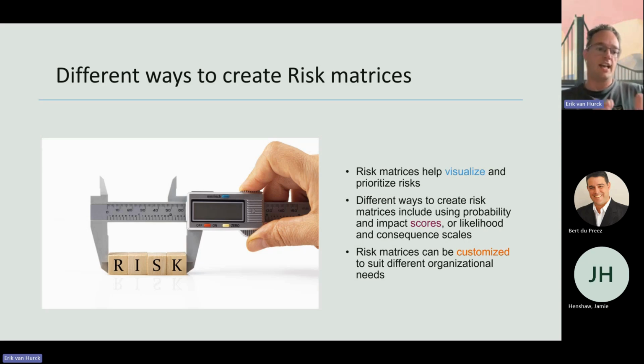We see organizations that work with a 3x3 grid, low, medium, high for both probability and impact. But we also have exotic situations where we have a 10x10 grid or a 3x5 grid. And the tool that we're going to use today helps you and makes you able to work with those types of matrices.